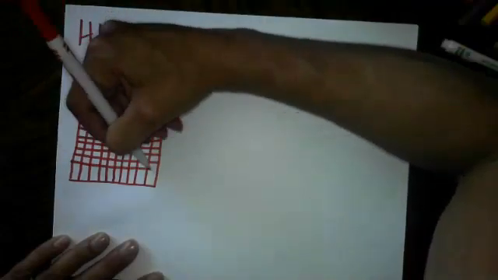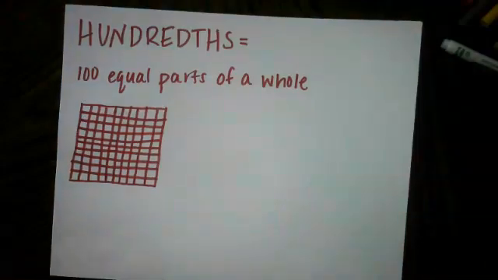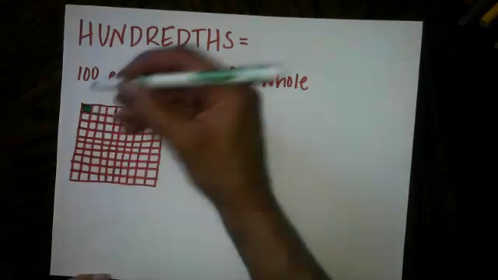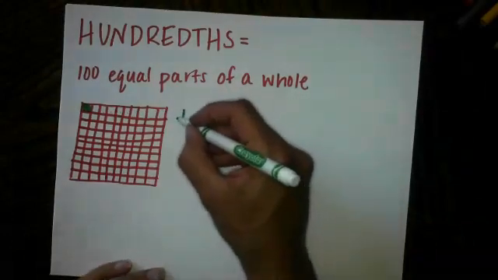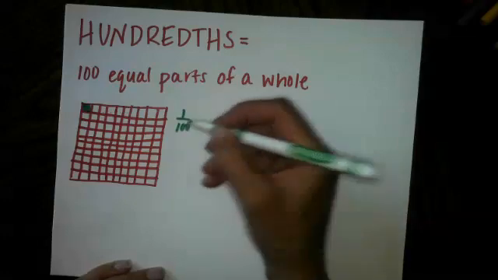And again, they're not perfect, but we know that there are 100 parts there. So hundredths is when you break one whole into 100 equal parts. 1/100th is just one of those teeny tiny little parts. And as a fraction, we'd write that as 1/100th.